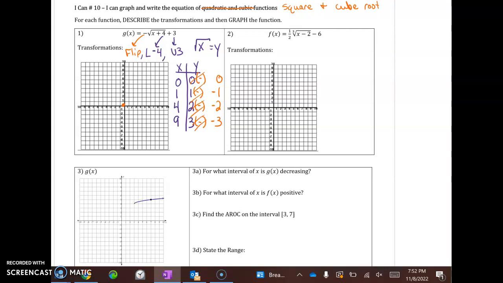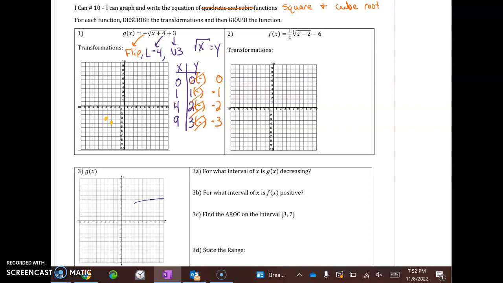This point won't be staying there. What's going to happen is it's going to go left 4 and down 3 and end up right here. So I'm going to get rid of my 0, 0. Then I would be looking at 1, -1. And that is also going to go left 4 and down 3, so it's going to end up right here.